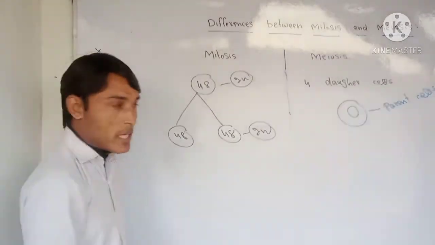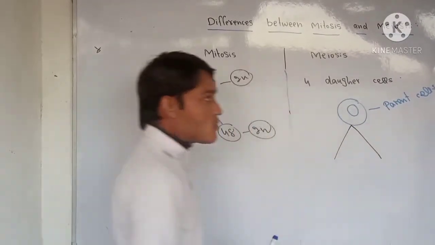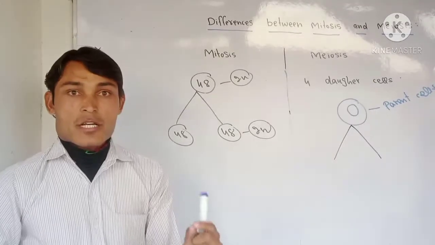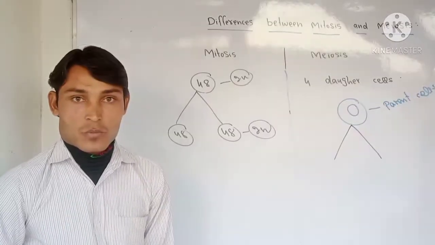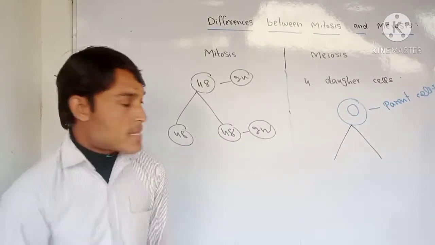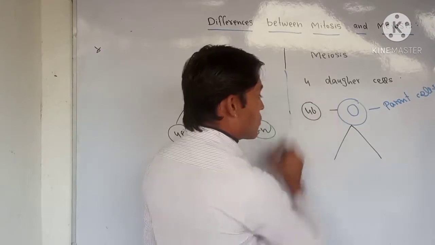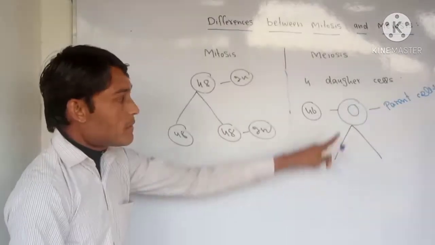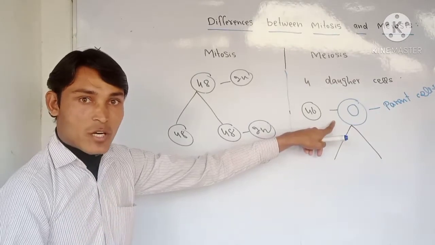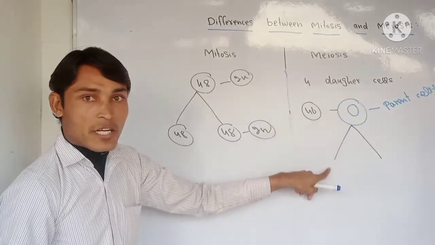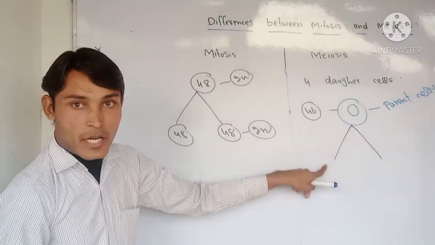But in meiosis, as we know, there are two steps: meiosis 1 and meiosis 2. If we take the example of a human, we have 46 chromosomes in the parent cell. In meiosis 1, the parent cell divides into two daughter cells, and the chromosome number becomes half in the daughter cells.